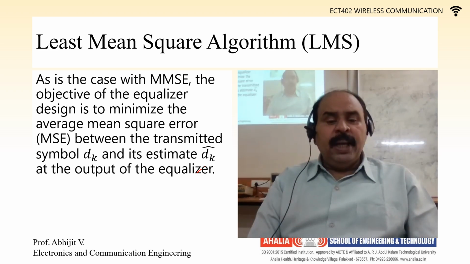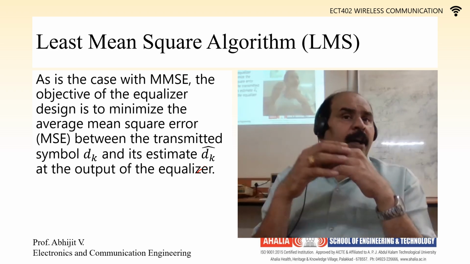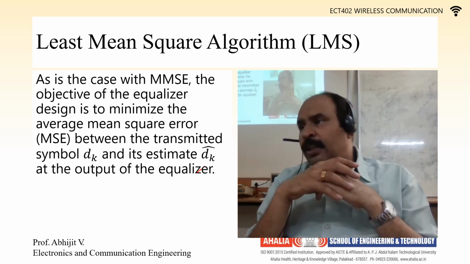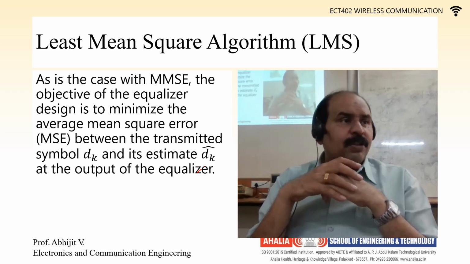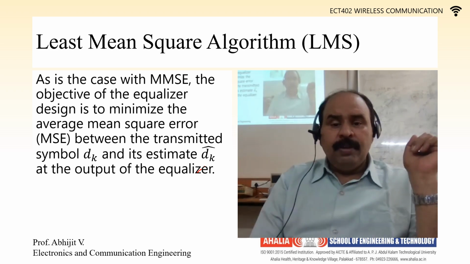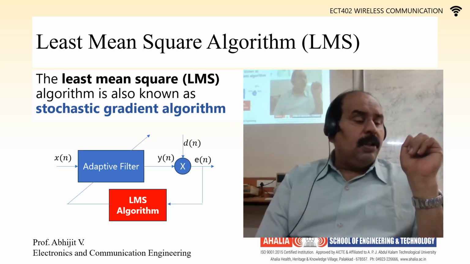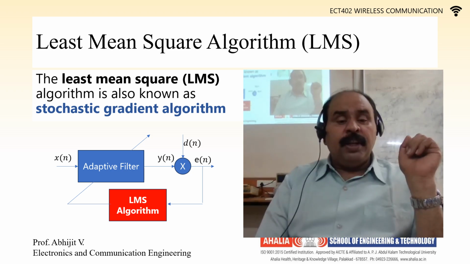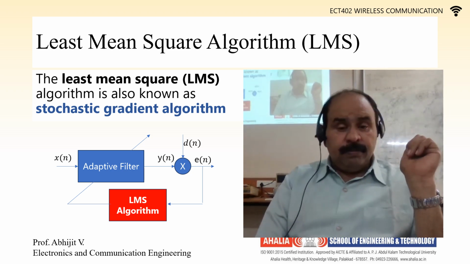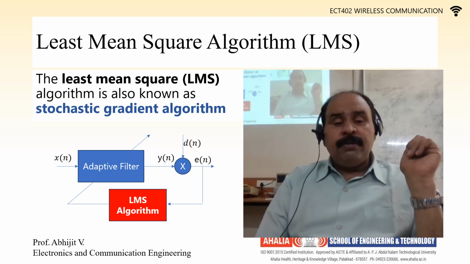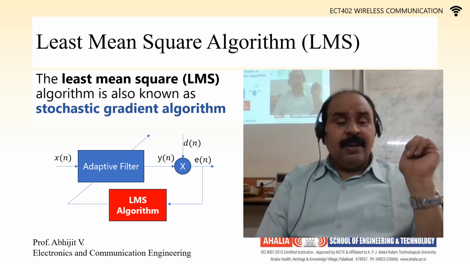So now let me explain to you what is the working behind the logic or the working principle of LMS algorithm. LMS algorithm is also known as stochastic gradient algorithm. You have the input parameters x n.